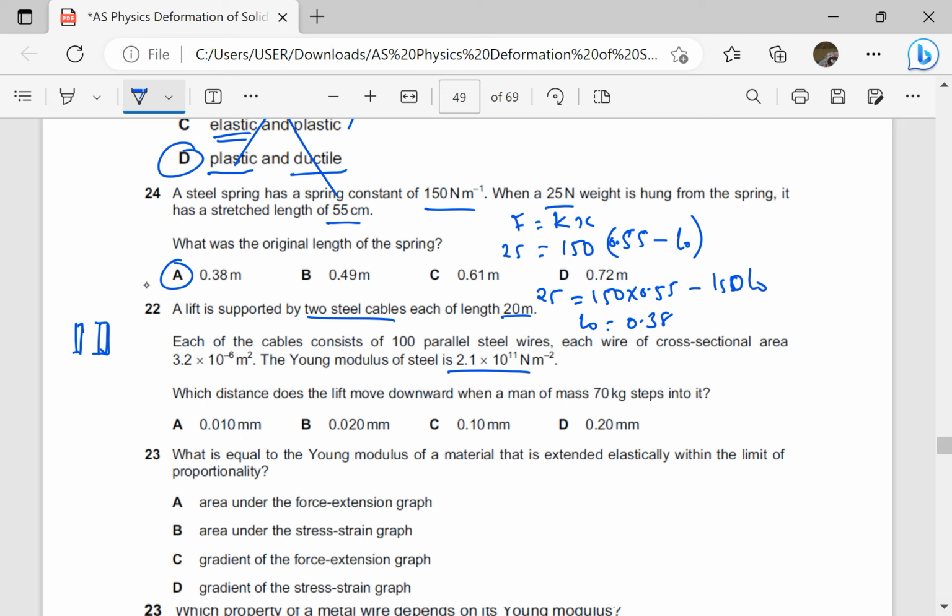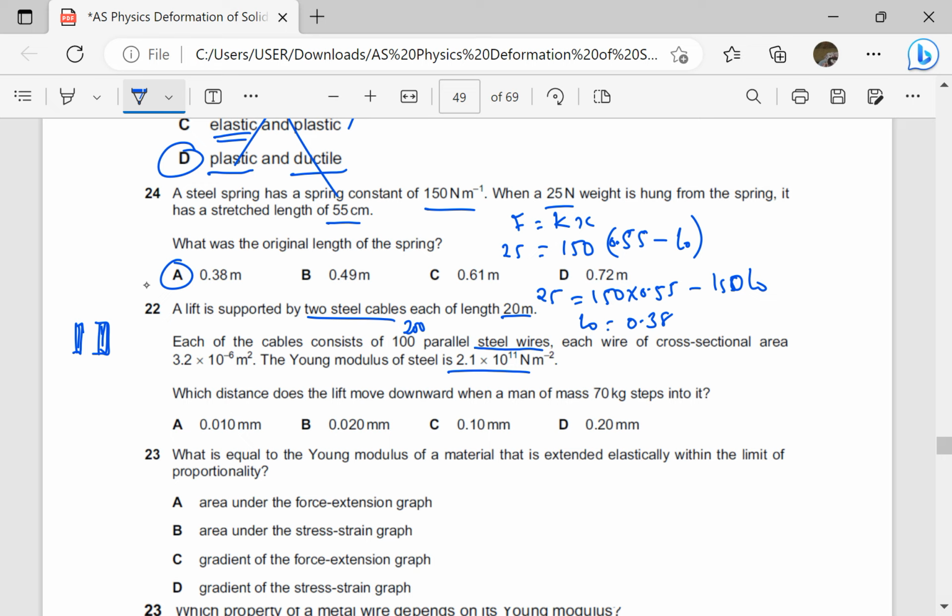But each of these has 100 wires, so it's like having 200 steel wires in parallel. That means their total extension is going to be 1 over 200 times the extension of just one wire.